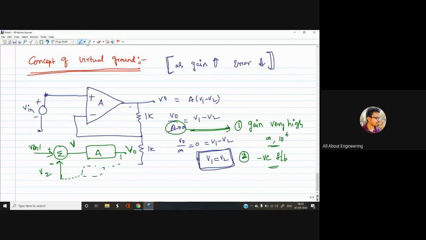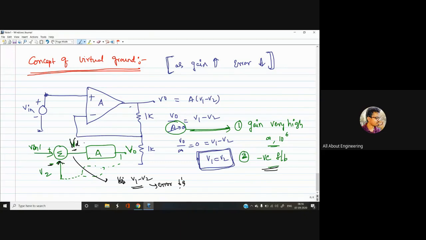Let me change the pen color. So this is VD. Now this VD is given as V in or V1 minus V2. If this is adding in a negative way, then only the error is going to reduce. This error is going to decrease. So that's why negative feedback is a must to apply the concept of virtual ground. If it is added in a positive way, then this is never going to reduce.